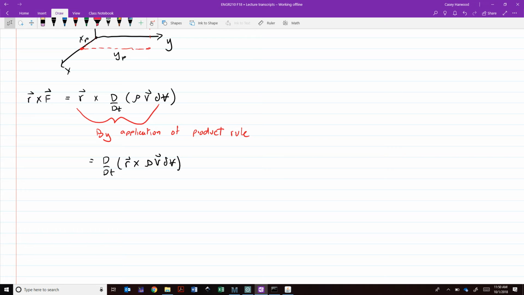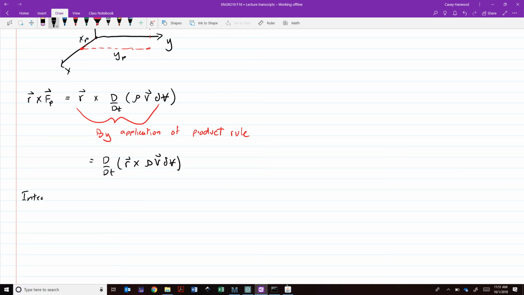So if we want to consider all of the particles that make up a system of fluid, right? Essentially, if we wanted to sum up all of the little infinitesimal forces at the respective distances from the origin, and on the right-hand side, to sum up all of the rates of change of moment, or the moment of momentum, of each of those particles, we would do that through integration, right?